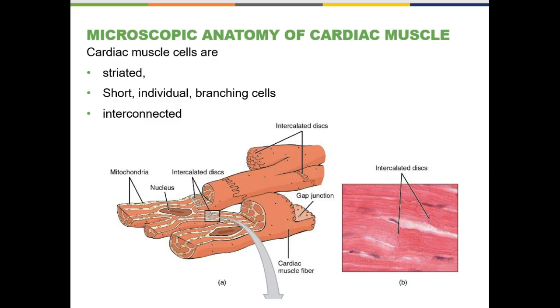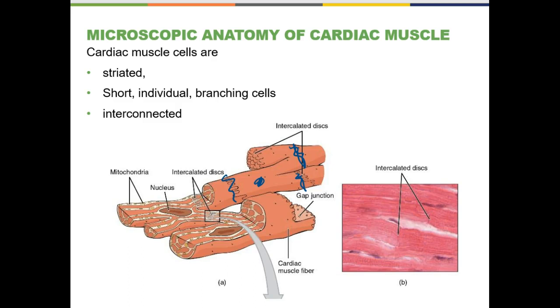So if you look here, here's a cell right here. It ends here and it ends there, and there should be an ending of it over here, but they don't show it. So all of your cardiac fibers are small cells with defined borders where there's 1 nucleus per cell.